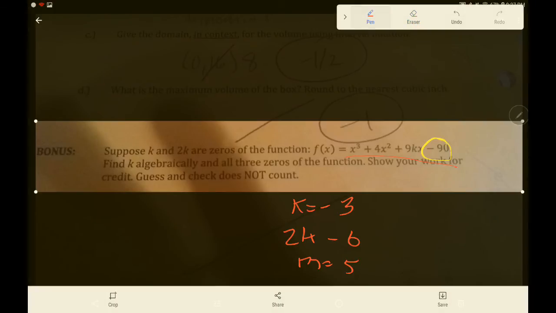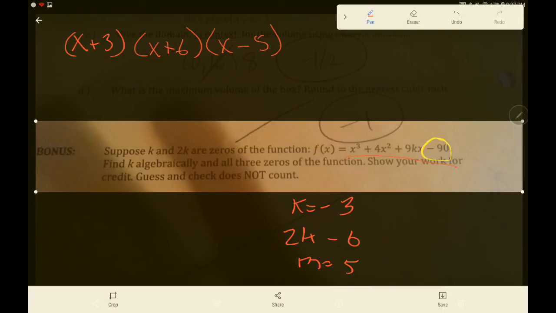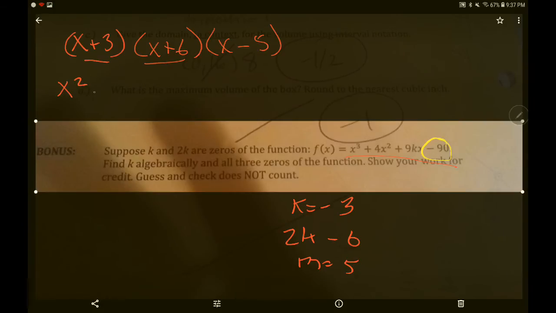And now, just for a check, we're going to multiply out x plus 3 times x plus 6 times x minus 5. So x plus 3 times x plus 6 is x squared plus 9x plus 18. Going to multiply that times x minus 5.